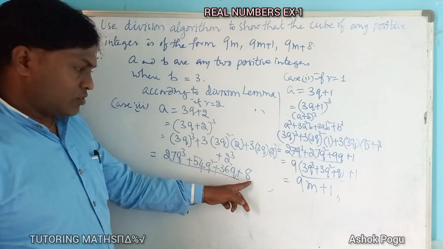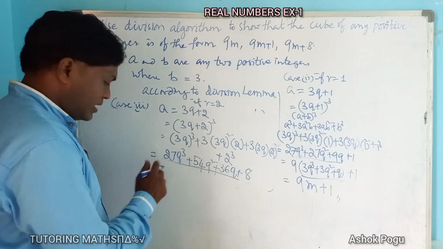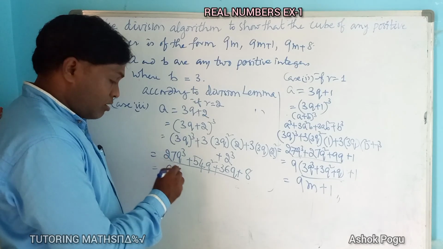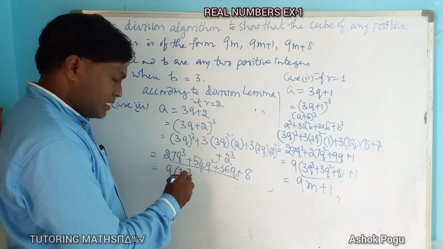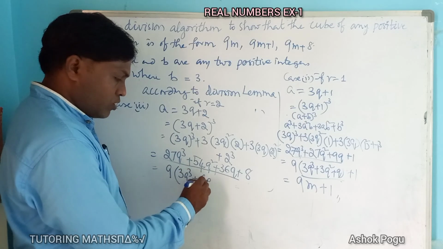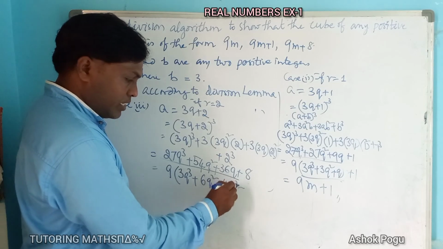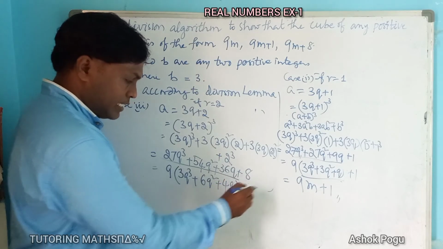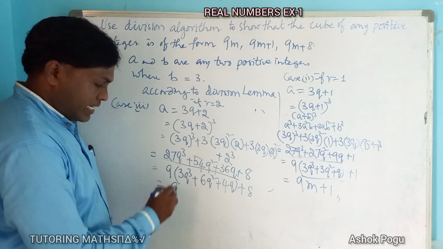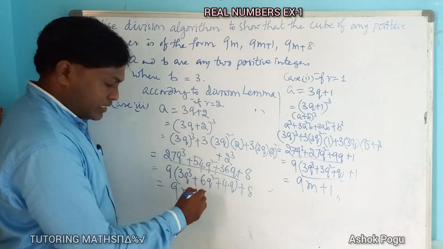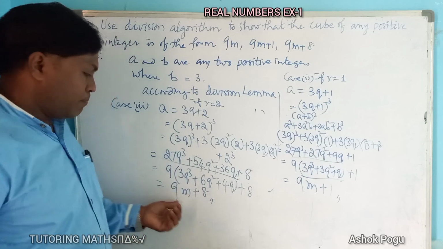Except the last fourth term, the remaining terms are all multiples of 9. You take 9 as common factor: 9 threes are 27q cube, 9 sixes are 54, 9 fours are 36, that's it, plus 8. Now you can take this whole bracketed value as m, plus 8, hence 9m plus 8.